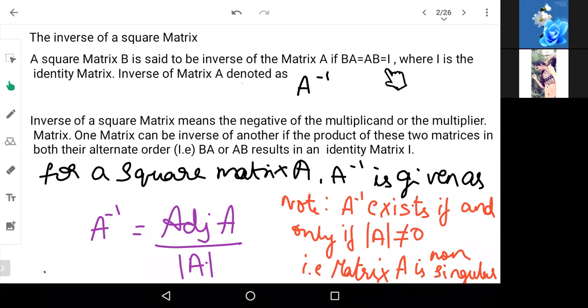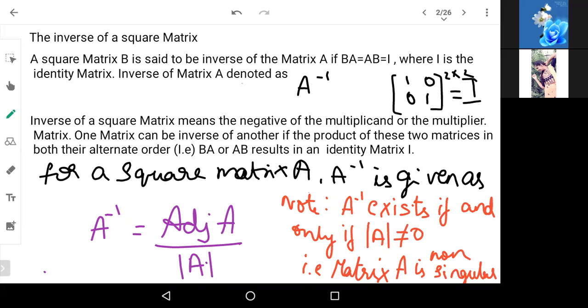What is an identity matrix? Where your principal diagonal is 1. If your principal diagonal is 1, this is called an identity matrix. This is of 2 by 2. You can have any form, 3 by 3, 4 by 4, any form.